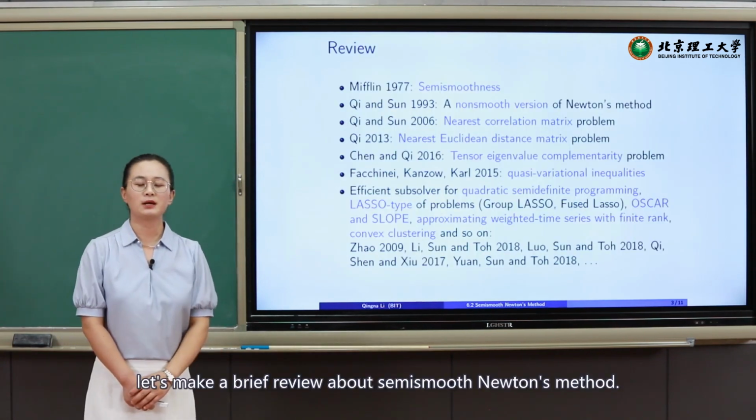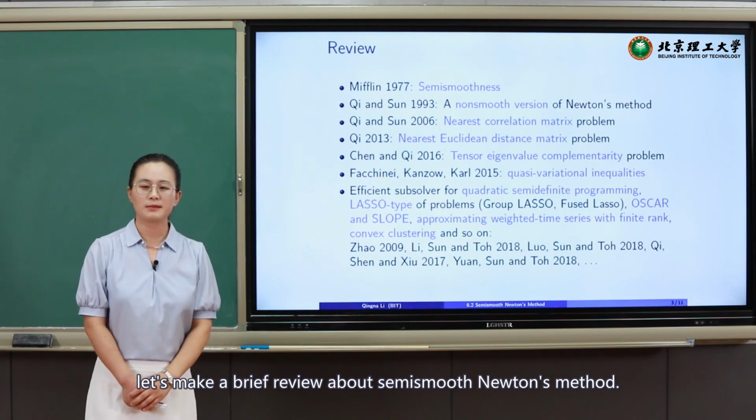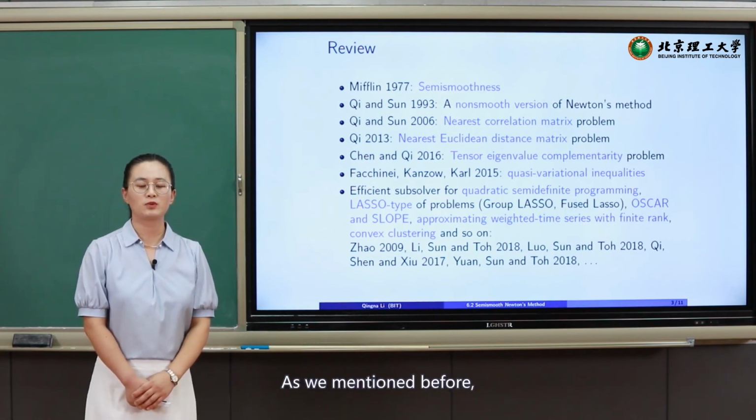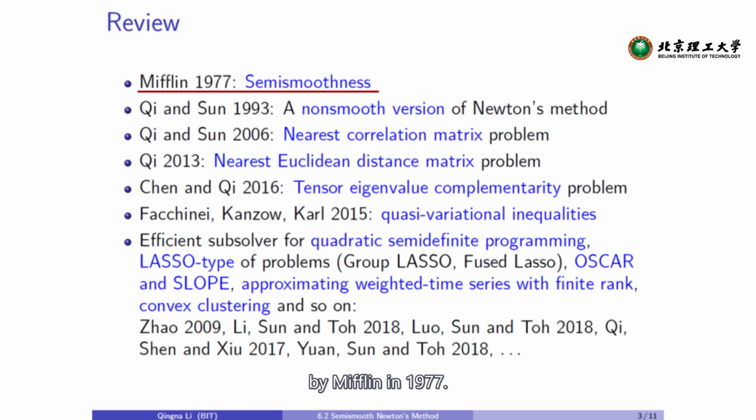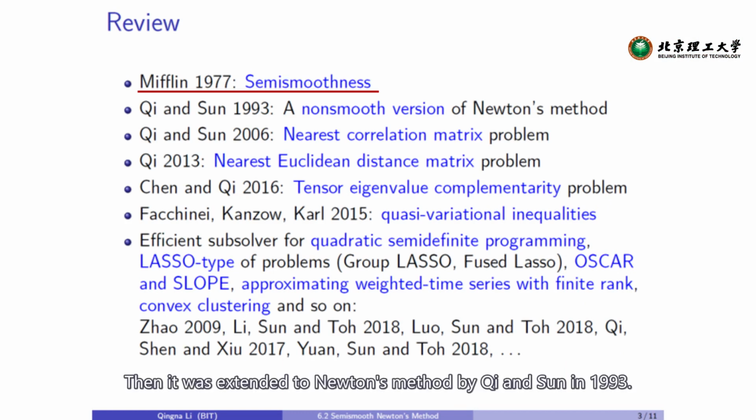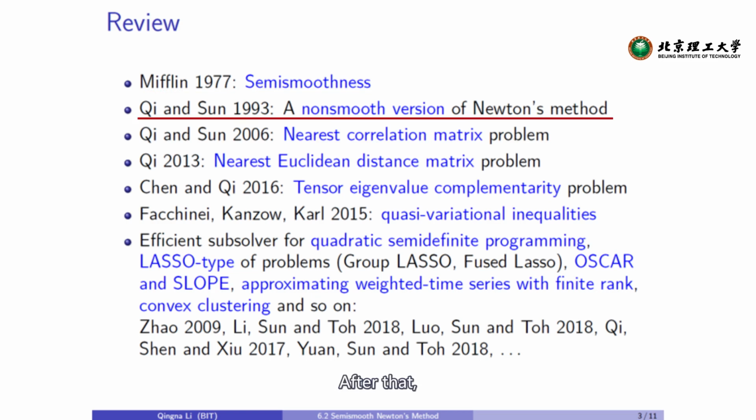Actually, let's make a brief review of the semi-smooth Newton's method. As we mentioned before, the semi-smoothness definition was originally proposed by Mifflin in 1977. Then it was extended to Newton's method by Qi and Sun in 1993. After that, it was widely used for vector problems.